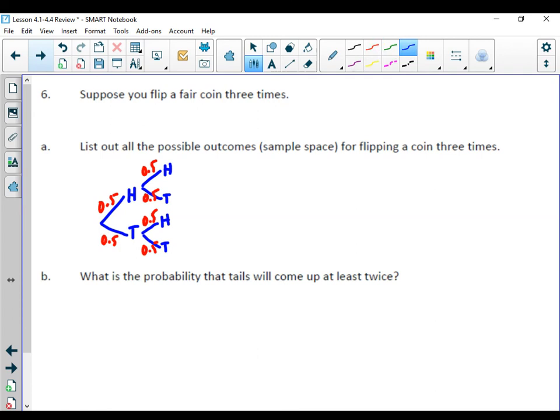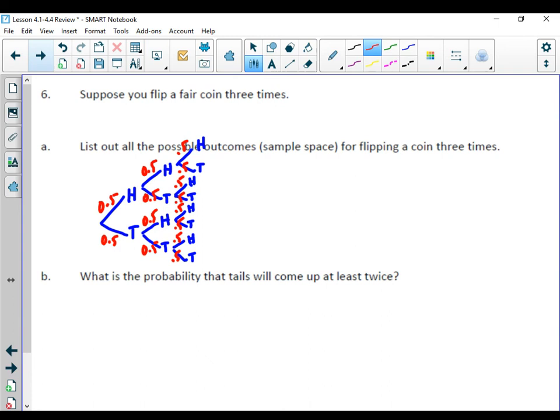Okay, now I flip the third coin. I can get heads or tails, heads or tails, all the way down. And again, the probabilities are all a half for that. So that would be an acceptable listing of our sample space.